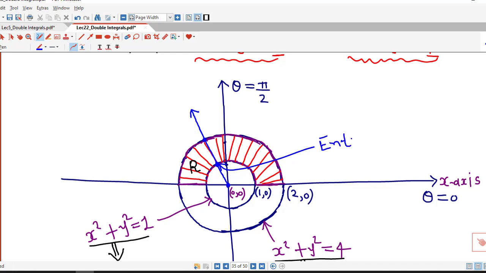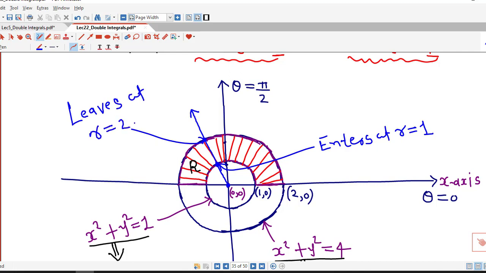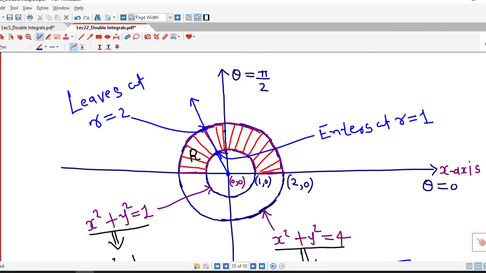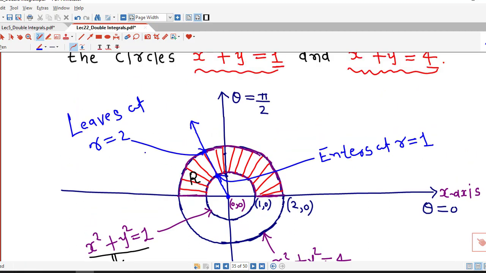So we write that the ray enters at r equal to 1, and this point is on the circle x square plus y square equal to 4. That means r equal to 2. So here we write leaves at r equal to 2. So the limits of r are from r equal to 1 to r equal to 2.